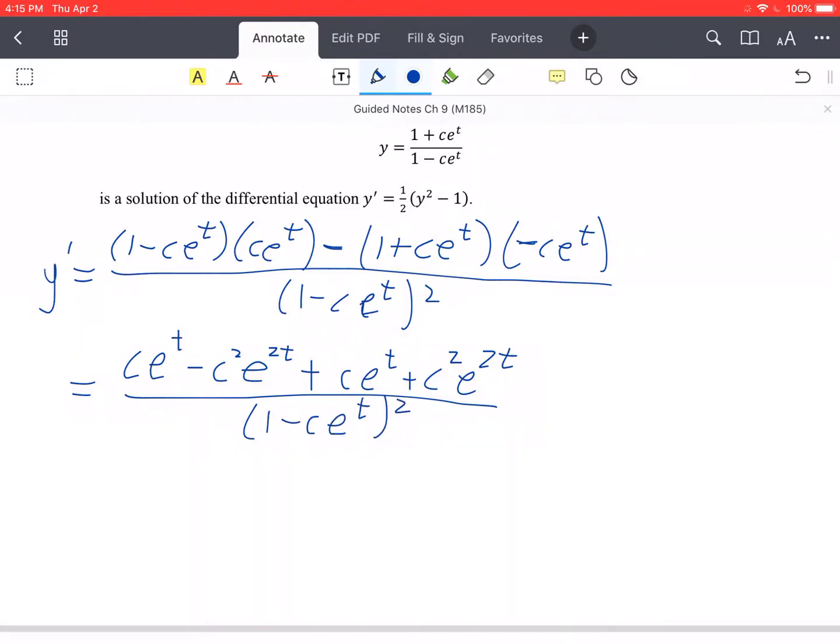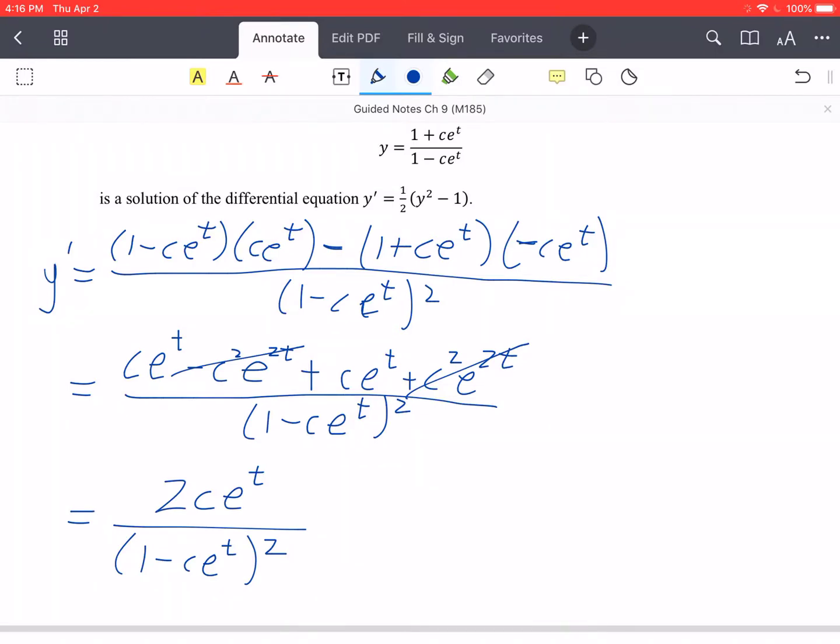I wouldn't multiply out the denominator, it's just going to give yourself more work unnecessarily. Notice we have a little bit of cancellation. We have a plus this term minus this term. So what we have left is 2ce to the t over (1 minus ce to the t) squared. So that's y prime.